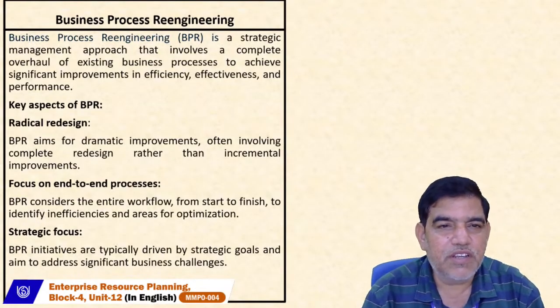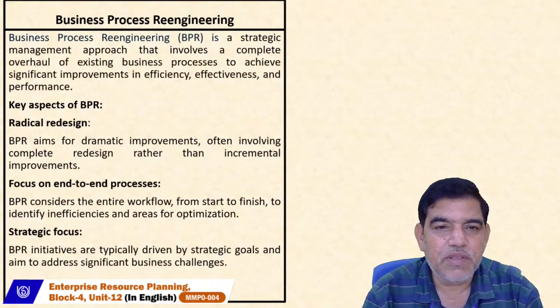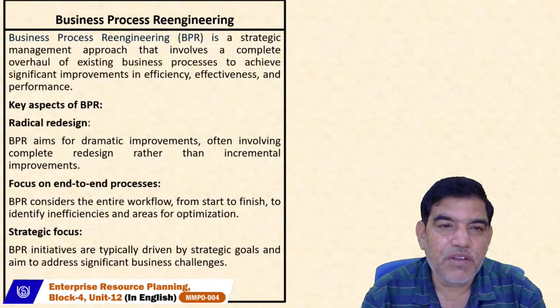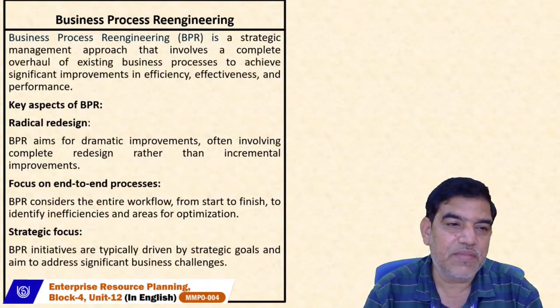Here, business process re-engineering in the ERP system means we focus on the existing system, what processes are going on, and look at how to improve the efficiency, effectiveness, and performance of the existing system by modifying it. That's why the name is business process re-engineering.